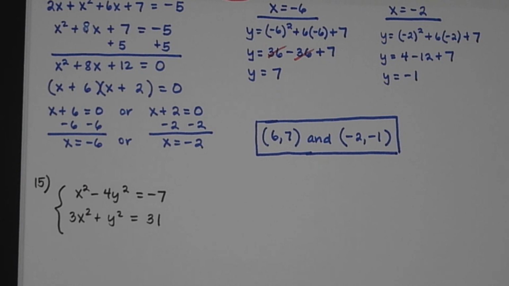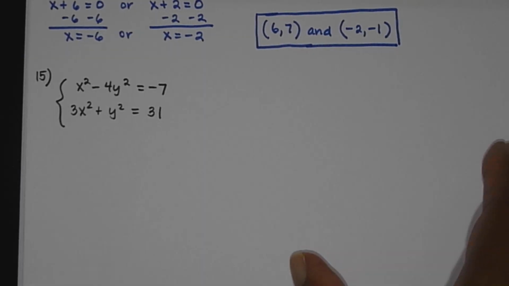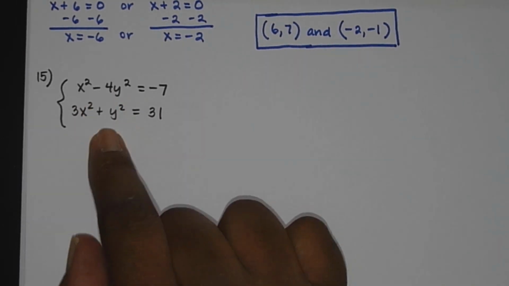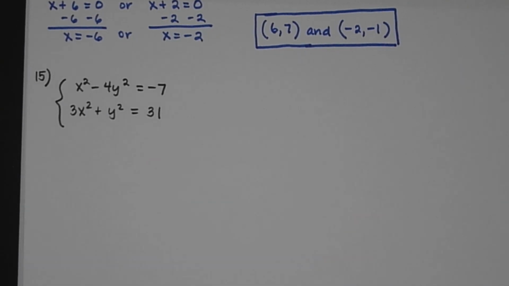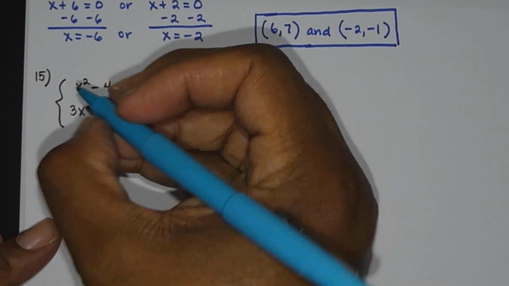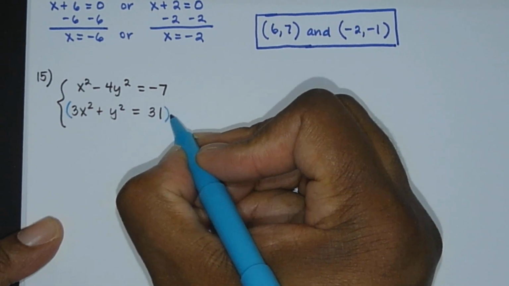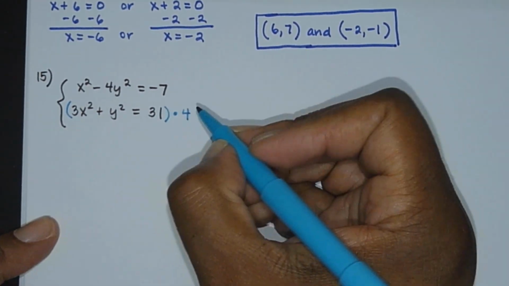Which variable would you like to eliminate, either the x squared or the y squared? I'll eliminate that y squared because notice I have opposite signs on those y squares. But here I want that y squared to be 4y squared. So what do I need to multiply equation 2 by? 4. So I'm going to multiply this second equation by 4.